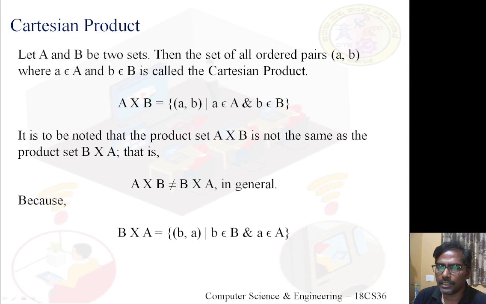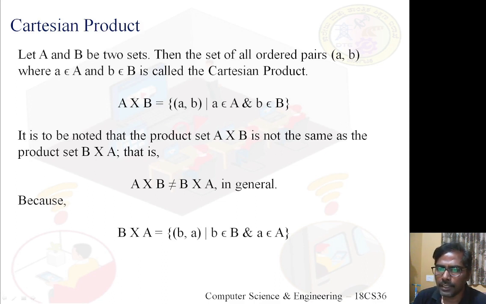As I said, the prerequisite for proceeding with Cartesian product is a set. So you all know what a set is. A set is nothing but a collection of elements.